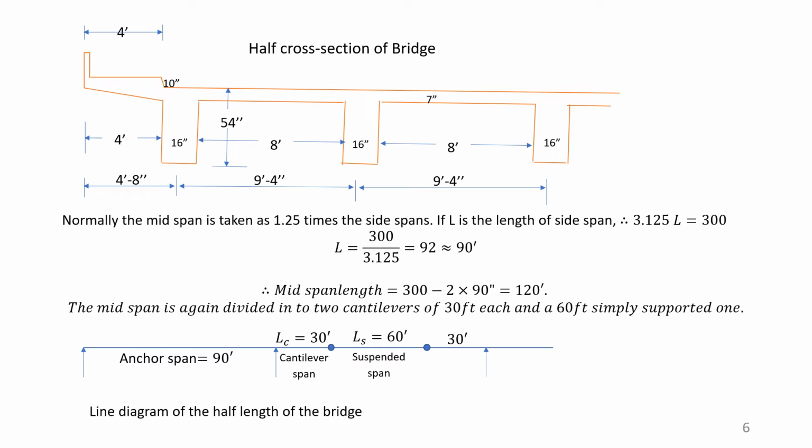As the negative moment is more, we will be increasing the beam depth to a certain extent, which will come later on. Normally the mid span is taken here.